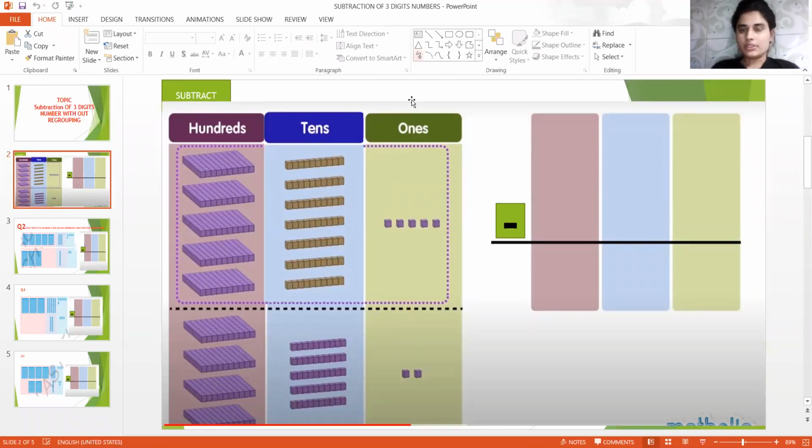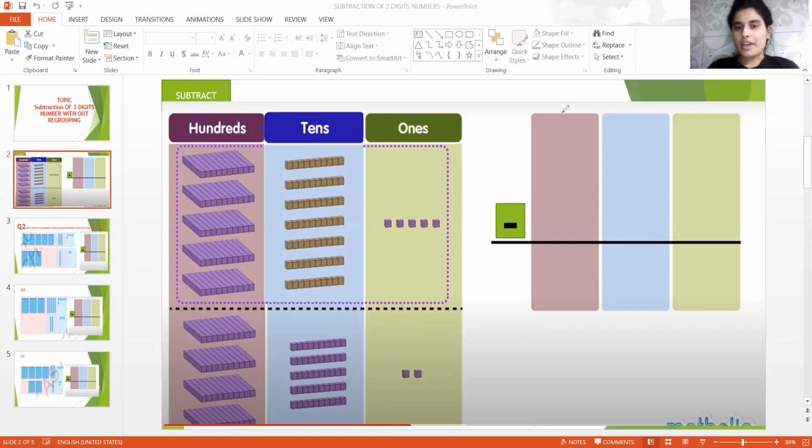Here we have some blocks. We first find out the number, which number these blocks represent, and which number these blocks represent.